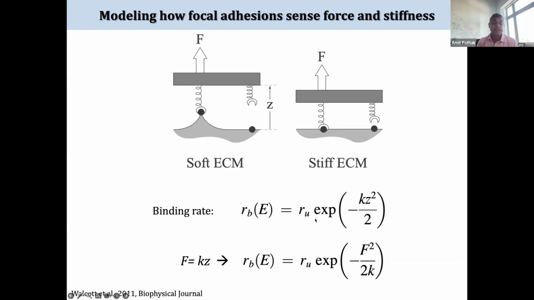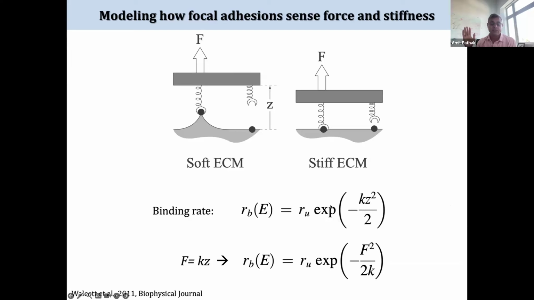There is this binding rate, bond dynamics process that has been shown before. You have a binding rate and unbinding rate, and there is this K, which is the stiffness of the ECM, and Z is the deformation. Because of the minus sign, if the deformation is low, then the binding rate is high. If the deformation is high, the binding rate is low.